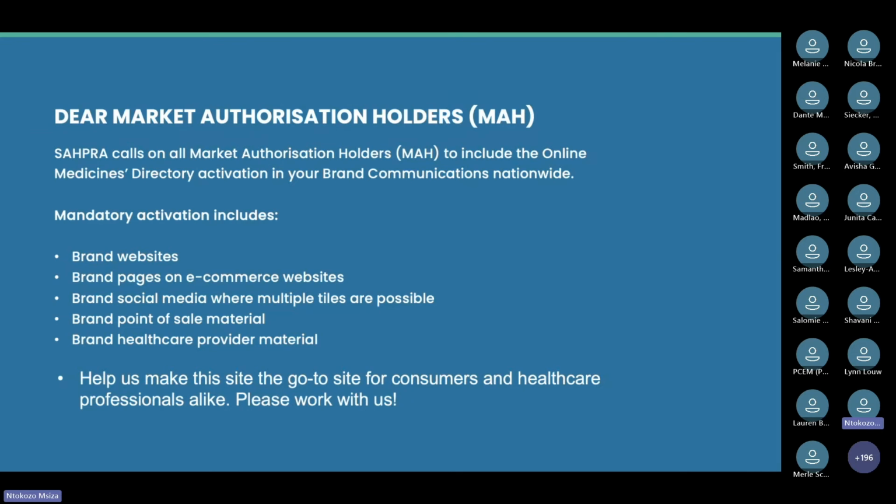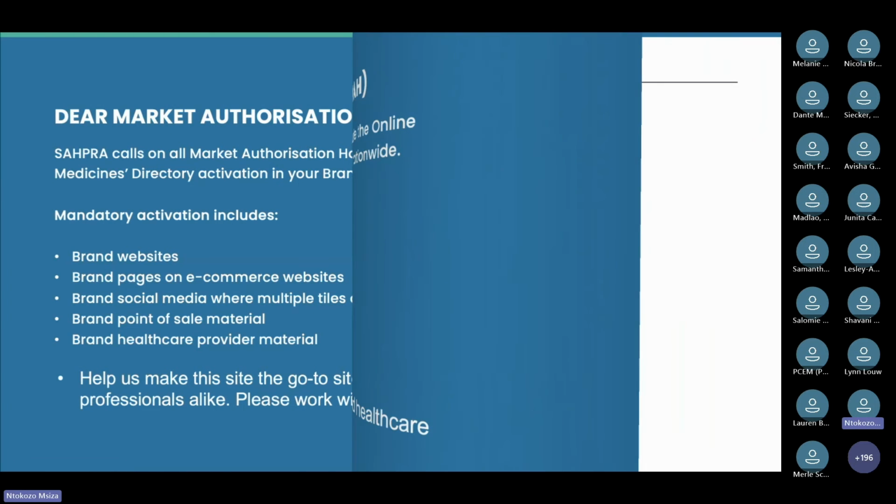Mandatory activation includes the following: brand websites, brand pages on e-commerce websites, brand social media where multiple tiles are possible, brand point of sale material, brand healthcare provider material. So we urge and ask you to please help us make this a go-to site for consumers and healthcare professionals alike. Please, please, please work with us.